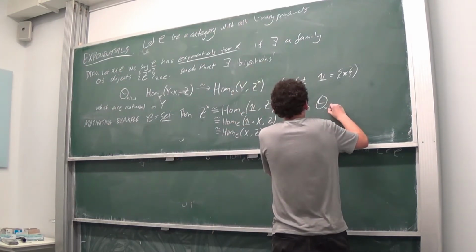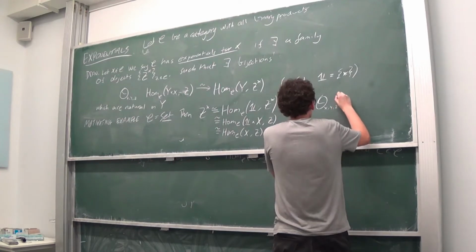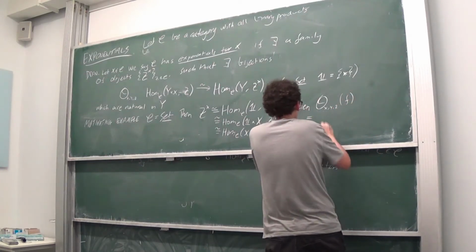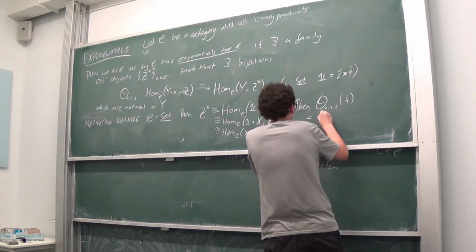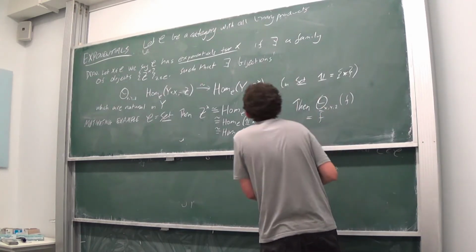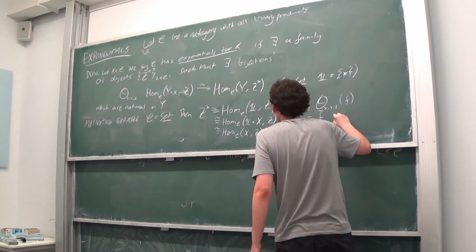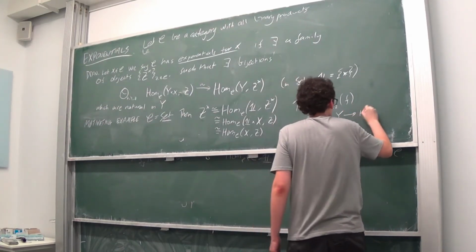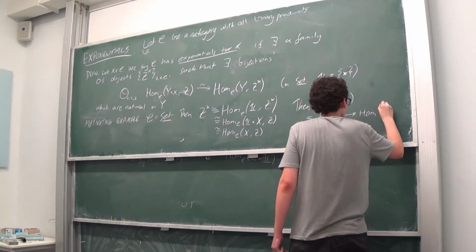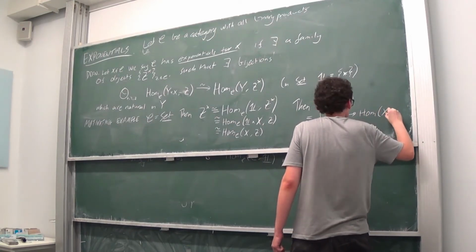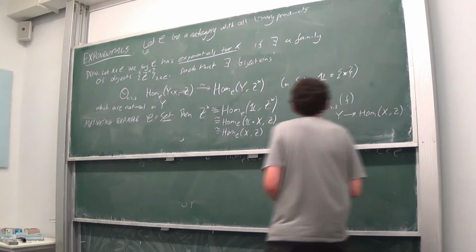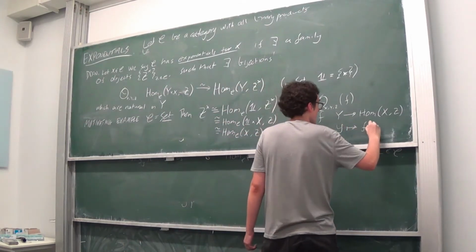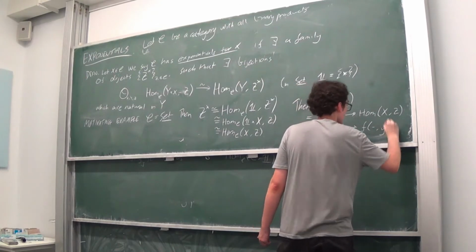So the map sends f to f bar. Well, where does f bar go? It goes from Y to Hom of X, Z. And it sends y to the function f(blank, y).